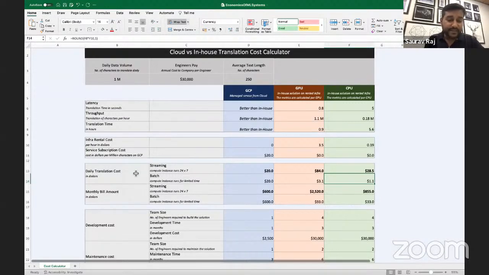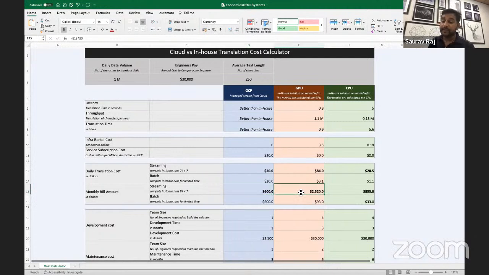And so from this daily translation cost, the monthly bill amount that we get for a streaming use case, which is running 24/7, is $600, just extrapolated to a month. So 30 multiplied by 20. So it's $600 for the streaming use case on GCP.